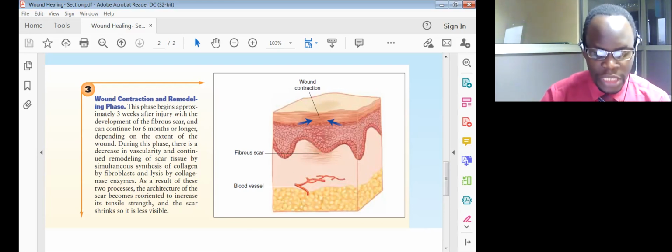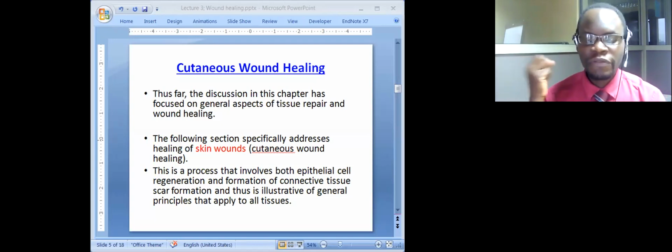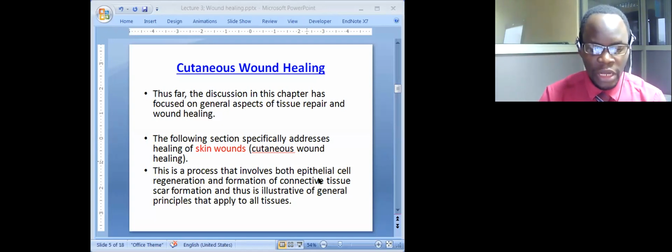So taking you back to the earlier presentation, with cutaneous wound healing, we've looked at the inflammatory phase, the proliferative phase, and then the wound contraction and remodeling. So that is basically what happens.